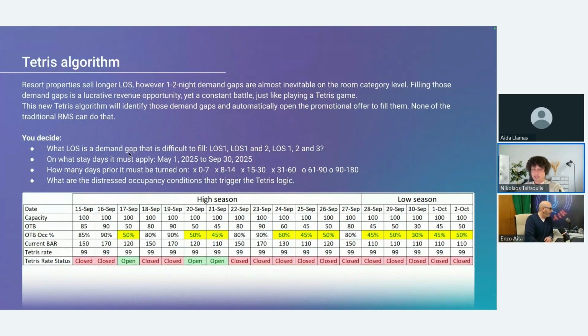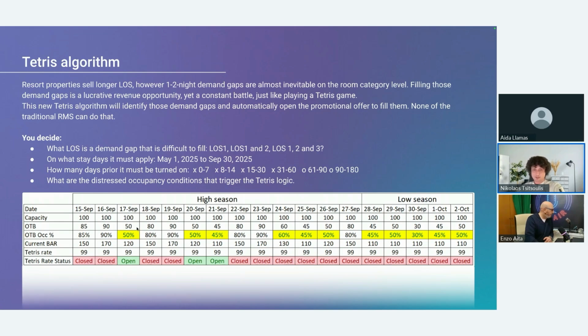In resorts, it is quite a big problem that because some people would stay 20 nights, but other people would stay 40 nights, and some other people would stay 7 nights, we would have jumps in occupancy. So it could be that in certain resorts, one day would be at 90%, and then there would be a gap, let's say 50% or 70%. So how can we automate certain rules that would allow us to automatically open deep discounts, or let's say run flash sales with our B2B partners like HyperGuest, and actually stimulate demand for this particular gap?